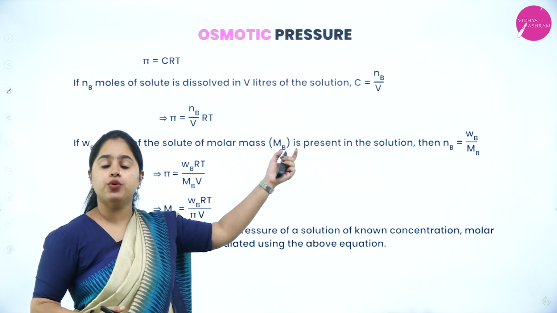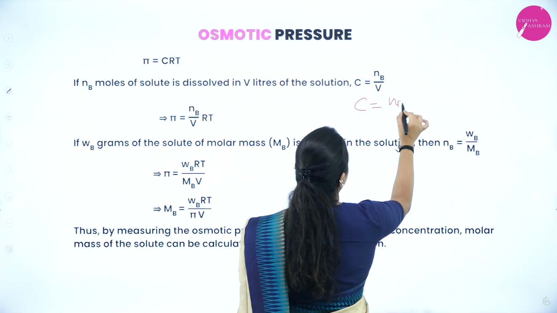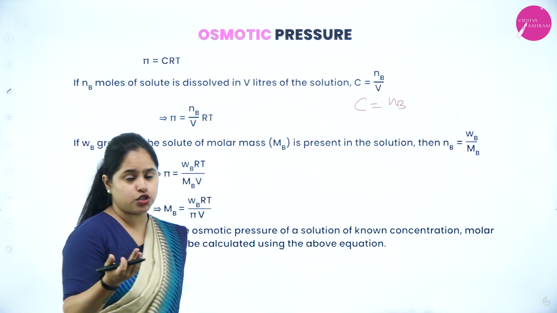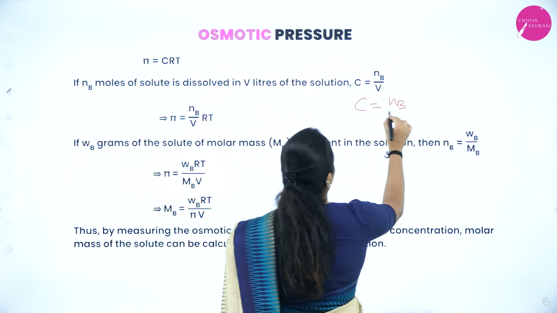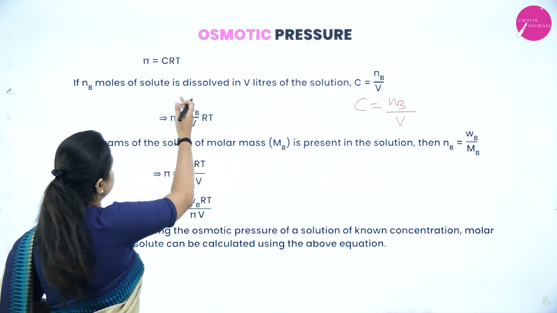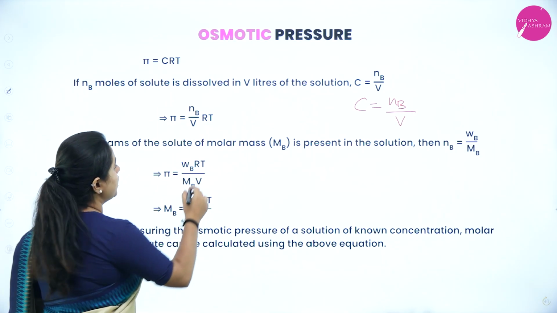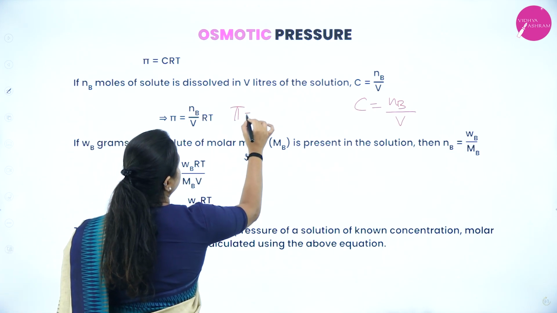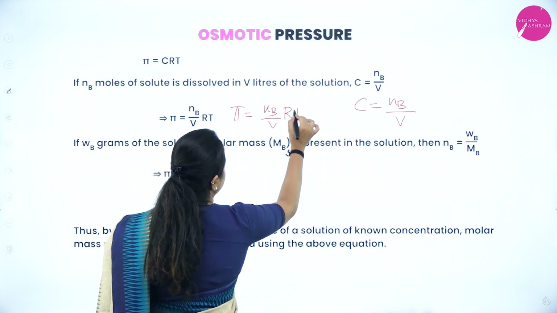So, C will be equal to the number of moles of the solute, where A stands for the solvent and B is the solute, divided by the volume in liters. Instead of C, you can write NB by V. So, the equation becomes pi is equal to NB by V, and what is left there? RT.